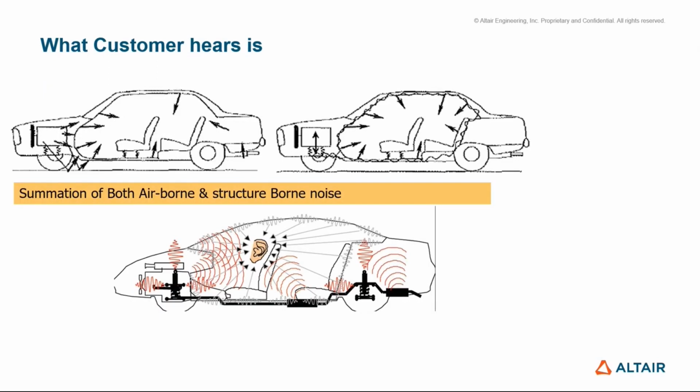Whenever you are doing an OptiStruct run and solving engine excitations or road excitations which you have applied, whatever interior cabin noise you hear is purely because of the structural transfer and the components inside the cabin which are vibrating. This is what OptiStruct can predict. Once you apply acoustic sources and add Bayard parameters, you can solve the airborne also. But using SEA, you can also quickly do airborne analysis.